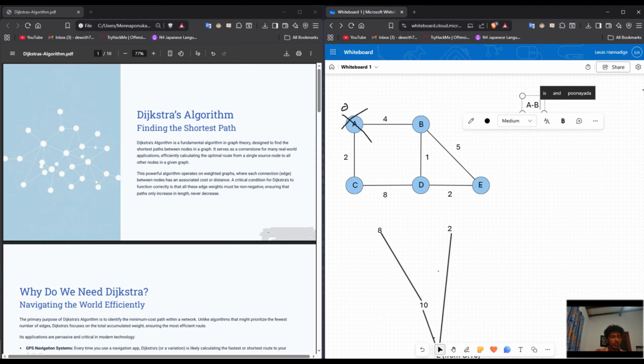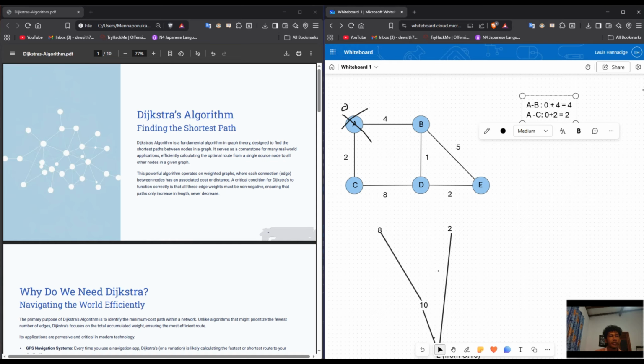A to B, we'll find the calculation. The initial distance is 0 and here we are visiting node B, then the weight is 4. Now we can find the answer, that is 4. Okay. A to C equals 0 plus 2. So we are getting the answer as 2.